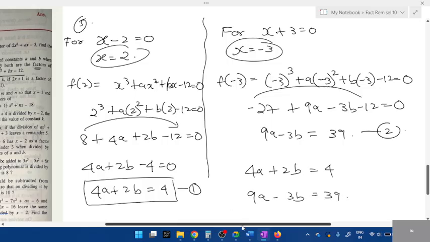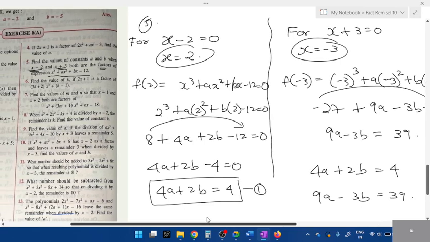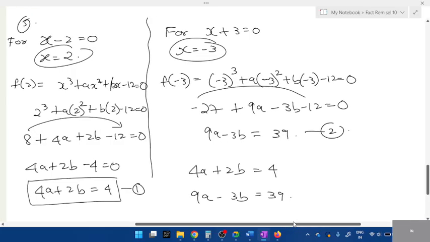Okay, let me check this. We got 8, 2 square is 4a plus 2b minus 12. Okay, let me check.